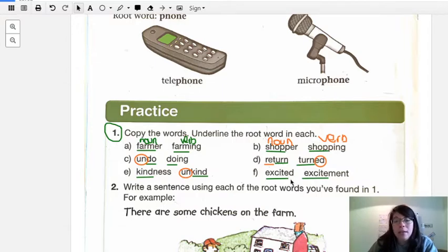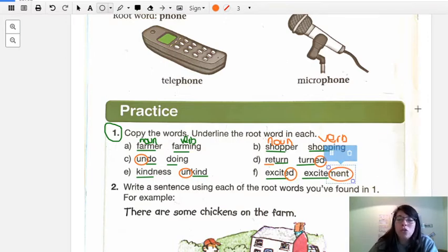Excited, it has an ed ending, but it does not mean about yesterday. It can, but it does not. Why? Because excite is an adjective. It tells me how I am. I can tell you I am excited, and I am talking about right now. I am excited. What am I showing you? Excitement. Oh my god, this is so complex, you guys. But this is something that you know. Now, let's identify that ed is a suffix, okay? And ment is another suffix, okay?